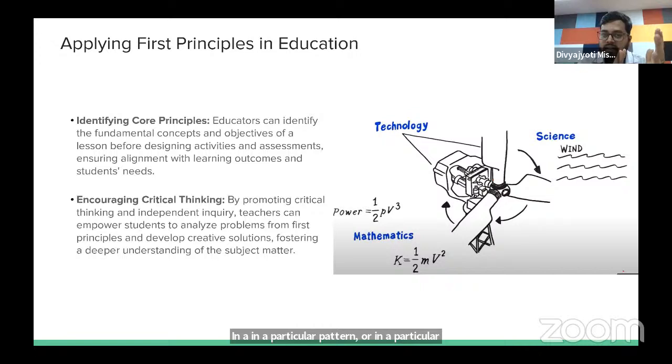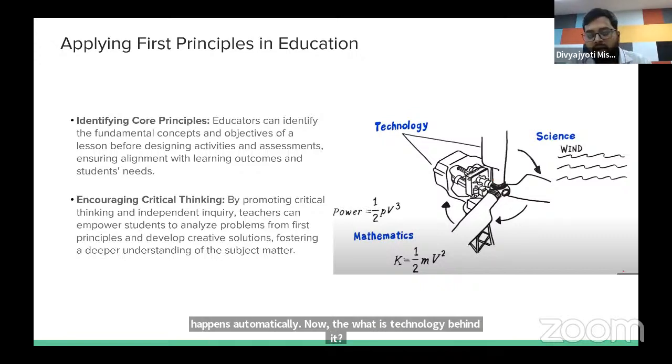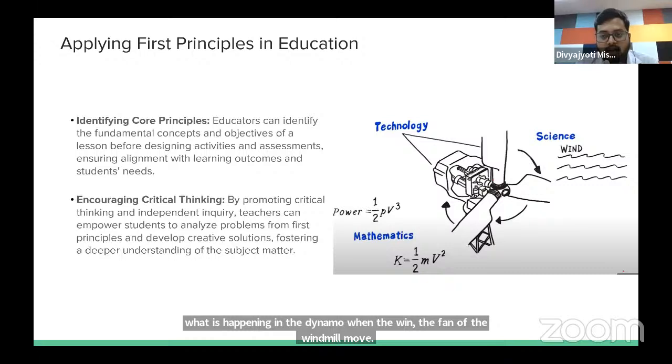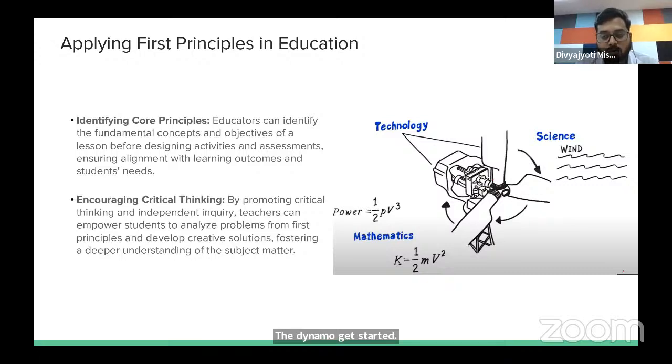The blades are designed in such a way that when the wind passes through them, the revolution happens automatically. Now, what is the technology behind it? The technology is the dynamo. What is happening in the dynamo? When the fan of the windmill moves, the dynamo gets started, and the kinetic energy of the movement of this wind axle creates the electricity that is generated.